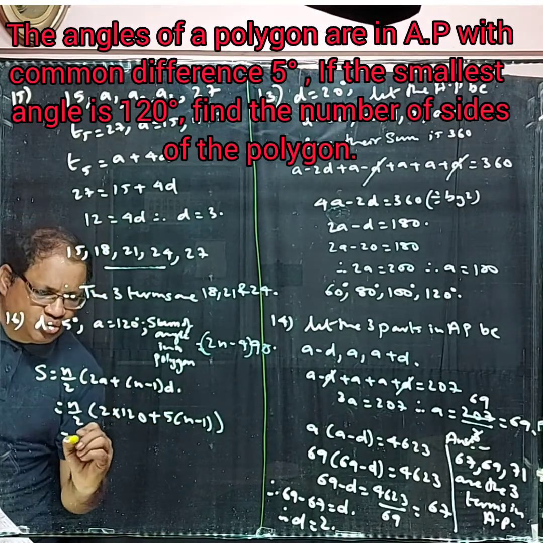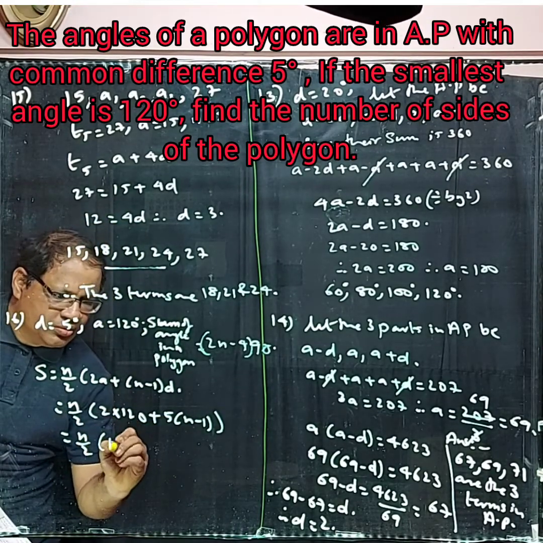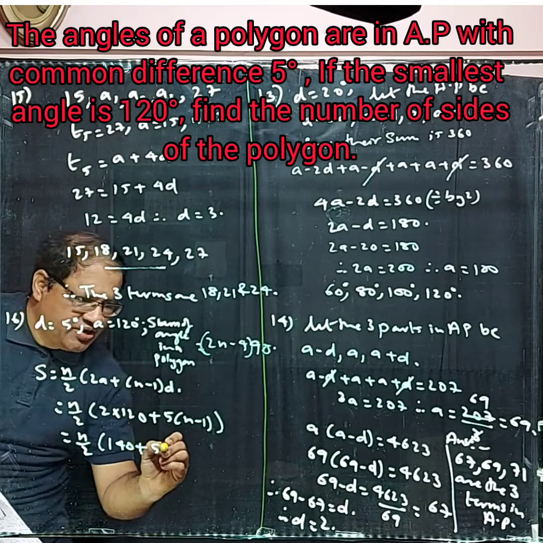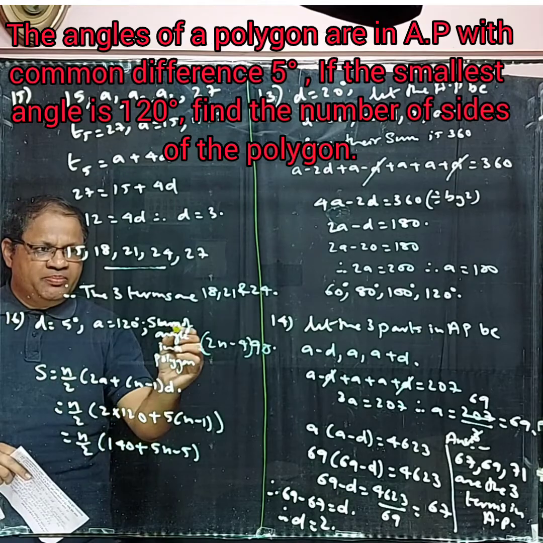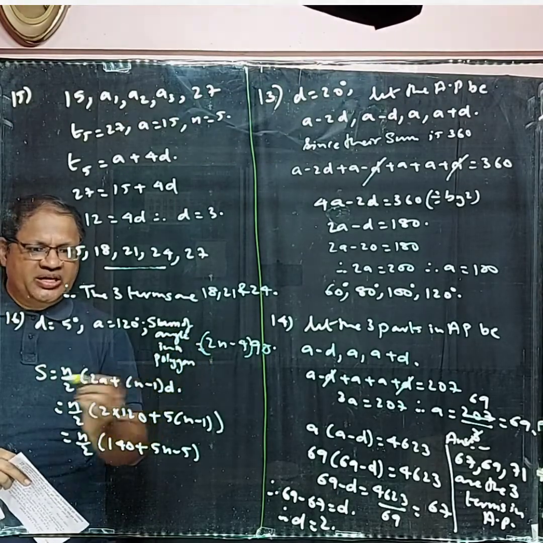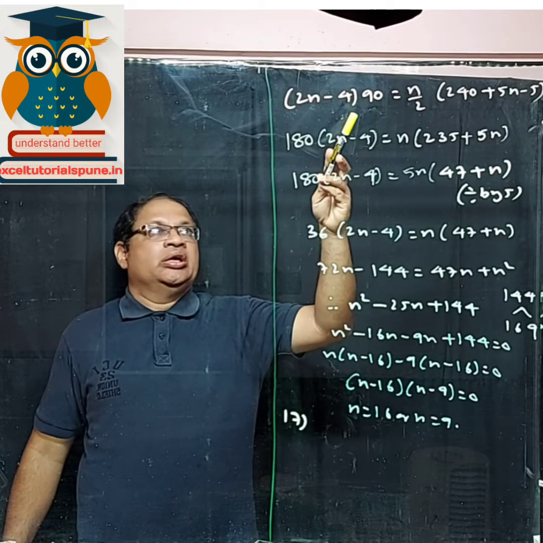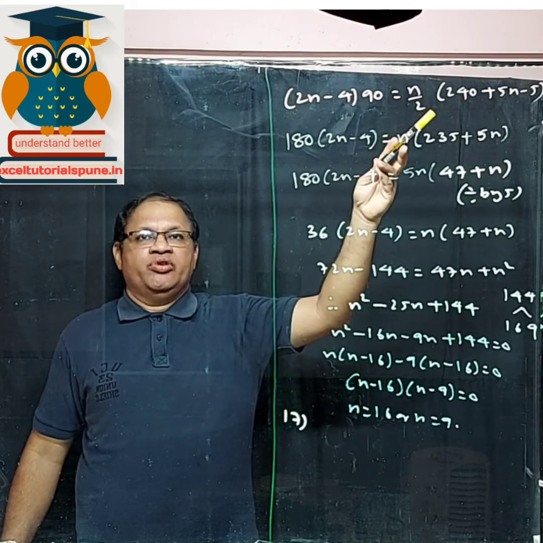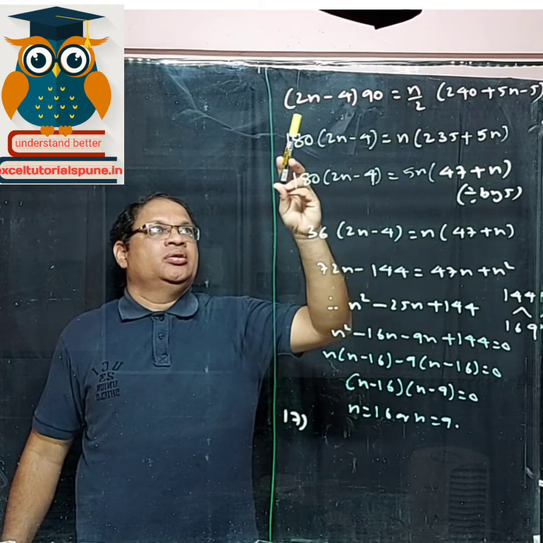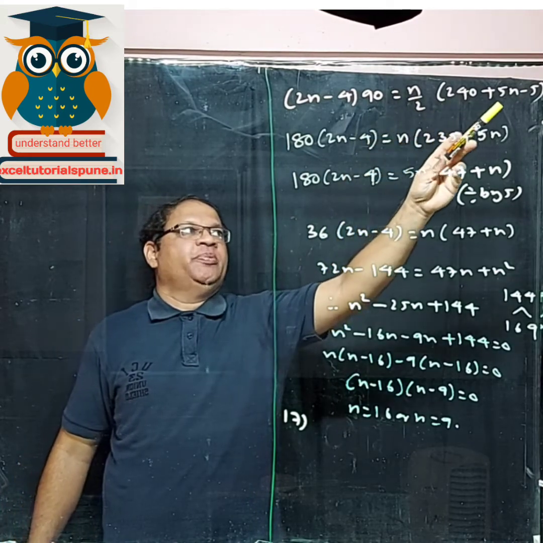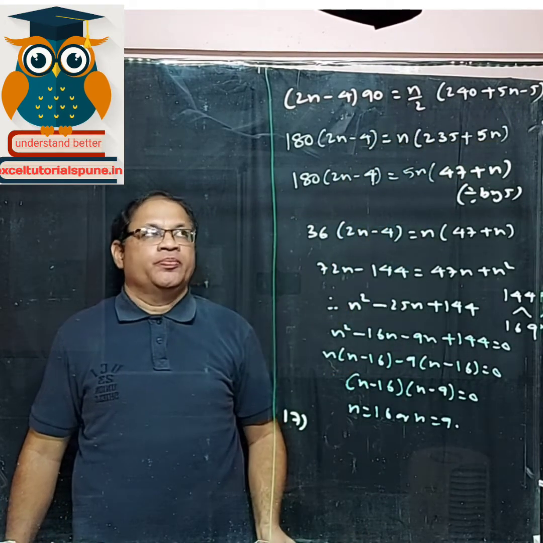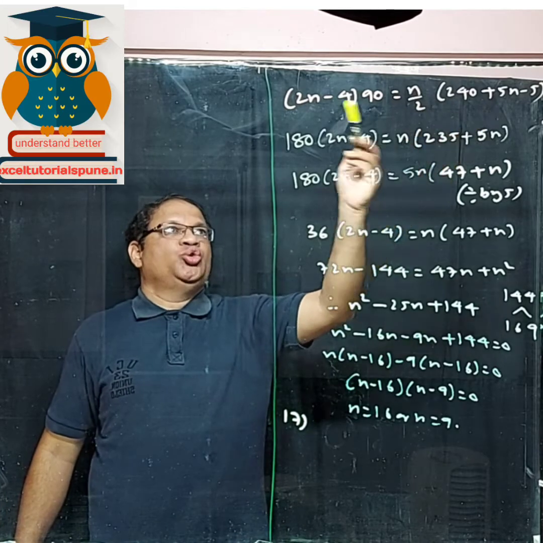So now that comes to n upon 2, 240 plus 5n minus 5. Now the sum, both of them are the same. Sum of the angles is equal to the sum of sides. When you take both of them together, 2n minus 4 into 90 is equal to n by 2 bracket 240 plus 5n minus 5.